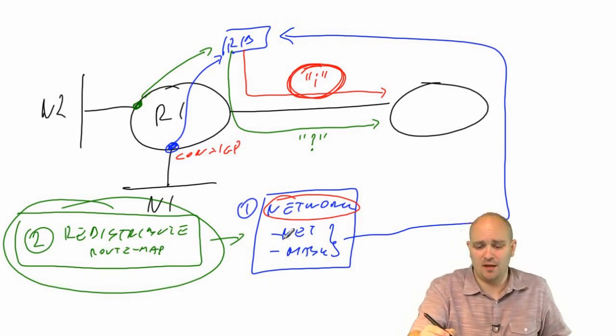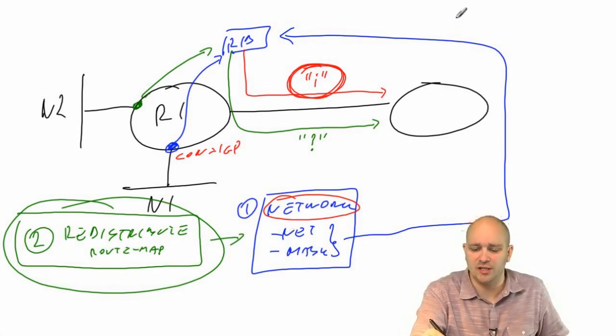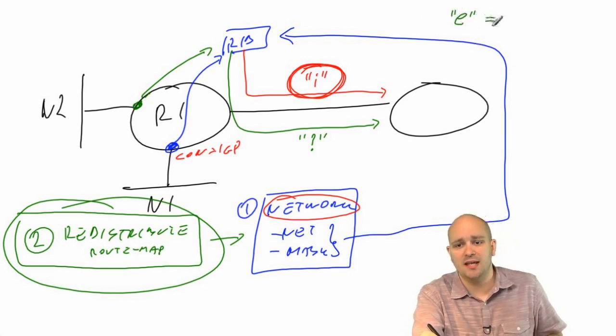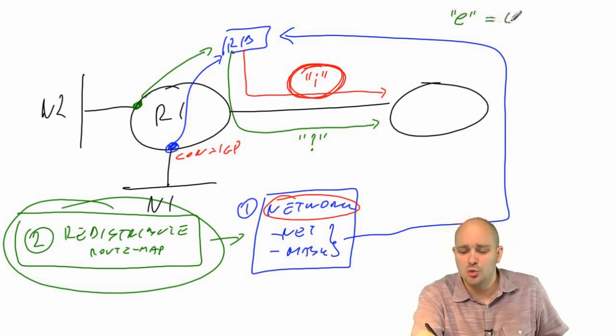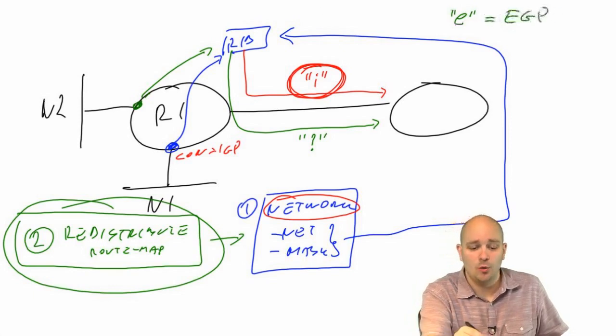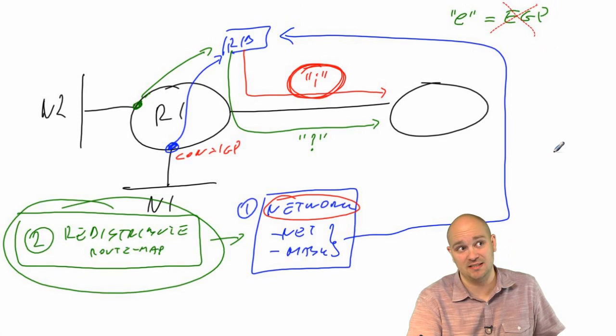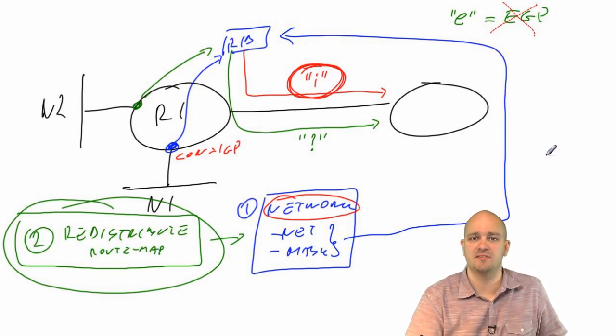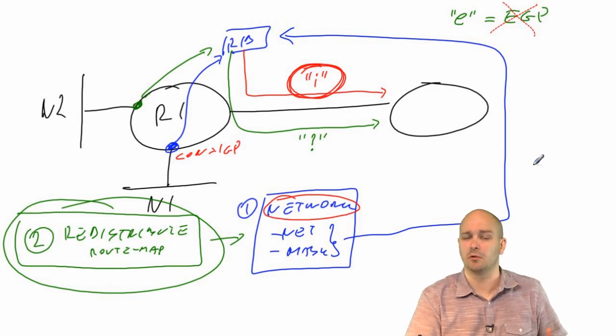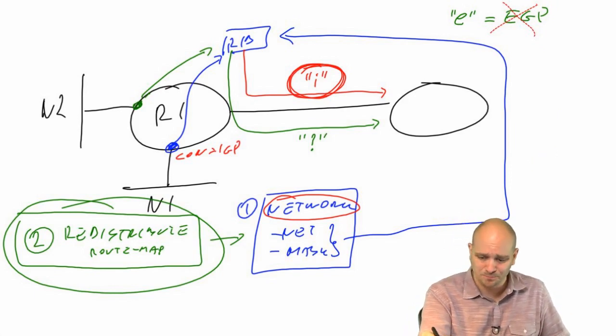The third value for the origin, the lowercase e, indicates that this route was learned by a router using the EGP protocol, which is no longer supported by IOS, and it hasn't been supported since, I think the last time I've seen it was back in 2000 or 2001, and it was version 11 or maybe even 10 of IOS.